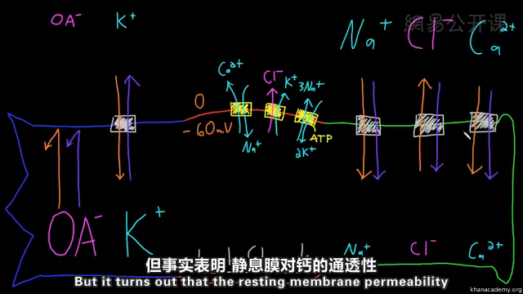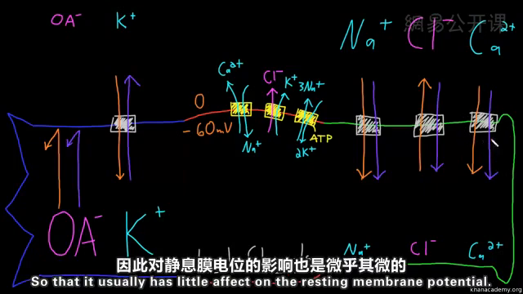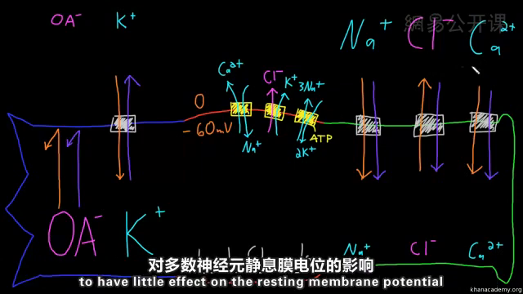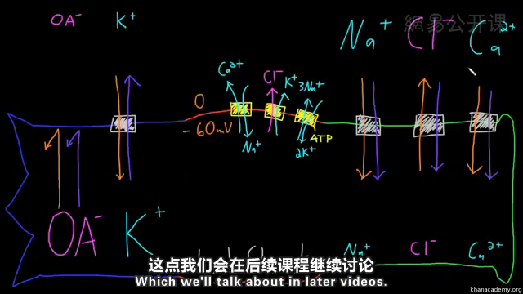But it turns out that the resting membrane permeability to calcium is actually quite small, so that it usually has little effect on the resting membrane potential. So while the concentration gradients of chloride and calcium ions tend to have little effect on the resting membrane potential of most neurons, they do play major roles in other aspects of neuron functions, which we'll talk about in later videos.